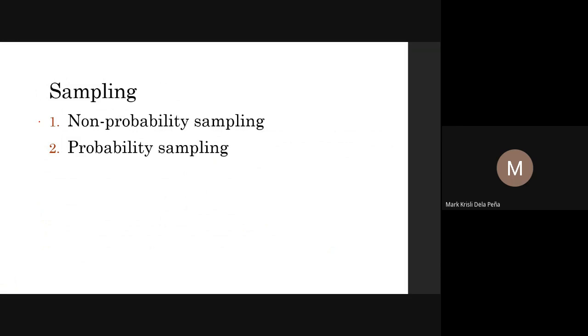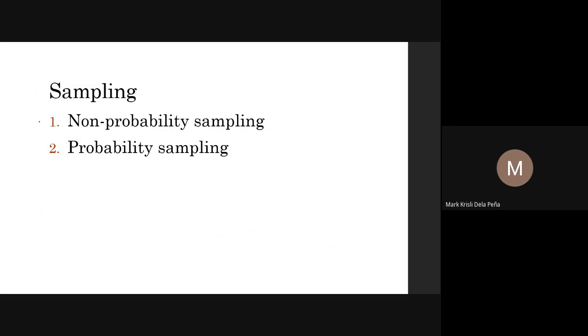For example, if you want to study the study habits of working students, that's a selective type of research. We only entertain students who are working. Then we will use non-probability sampling regarding that topic. However, if you just want to study the study habits of all students, then we will use probability sampling.